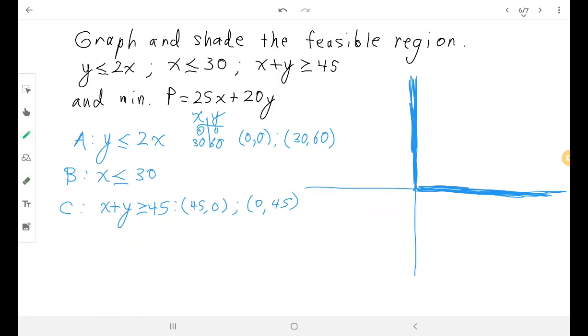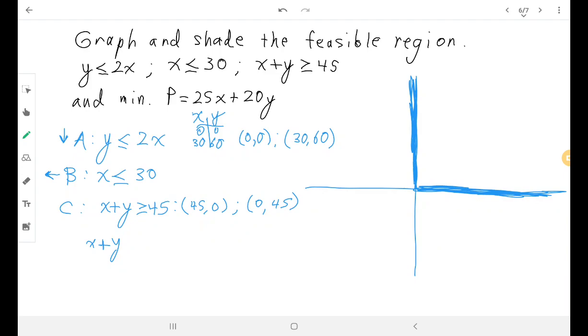And then remember that we have to know how this shades, so I have to solve it for y to really know that, okay? So if I start with x plus y, oh, by the way, I know that A shades down because it's already solved for y, and it's less than. B is a vertical line, so it actually shades left, okay?